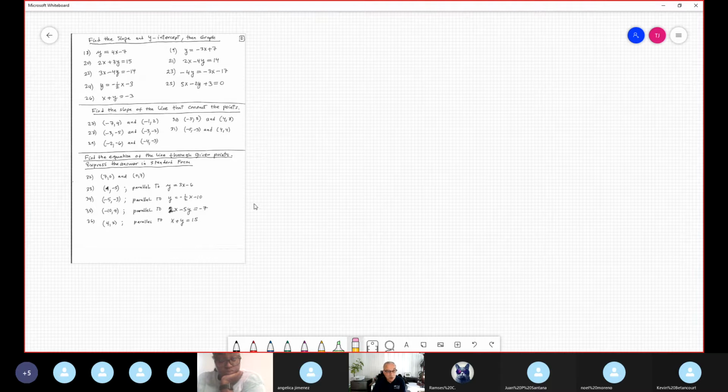On the second page, I need to find the slope and the y-intercept and graph. Wow, 3 jobs. So let's do number 18: y = 4x - 7.